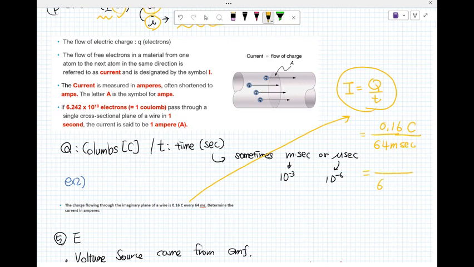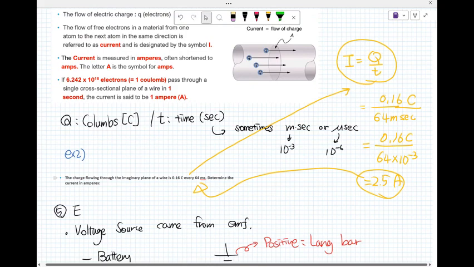Keep in mind, 64 times 10 to minus 3, over 0.16. So after that we're gonna use the calculator, divided by 64. 2.5 mA. Okay, so that was the answer.